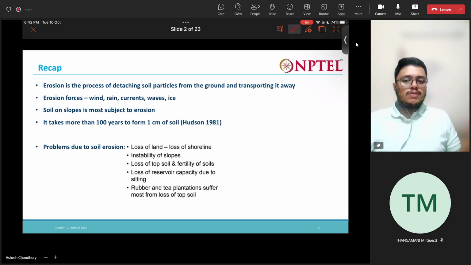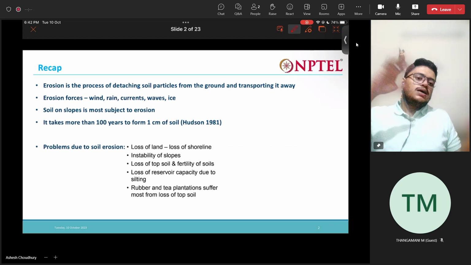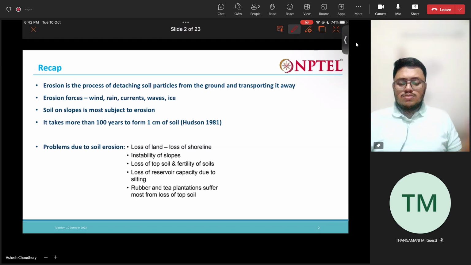Due to the river Brahmaputra's eroding action, it is taking the soil of the island with it. So there is a huge amount of erosion. It is a huge problem in Majuli. Many people have lost their homes. The area is also reducing.